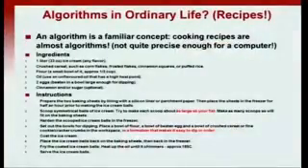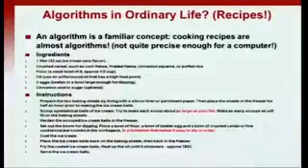For example, you have ice cream, crushed cereal, and so on. And then once you have all the ingredients in place, then you have instructions to say how do you start and how do you end up with the dish. Now those instructions will be fairly precise. Of course, you assume that the person preparing the dish is a fairly experienced cook, so that certain instructions need not be given in very precise detail.